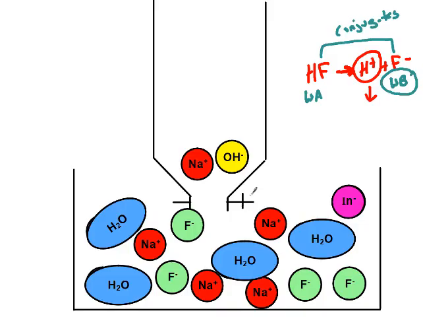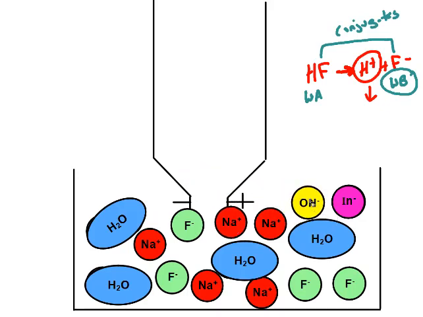But if we continue adding our NaOH, now we have OH and we have fluoride. Well, fluoride is a weak base and OH is a strong base. So our pH is only going to matter for the strong. Fluoride has to undergo a hydrolysis reaction with water to produce HF and hydroxide, while OH is already hydroxide.